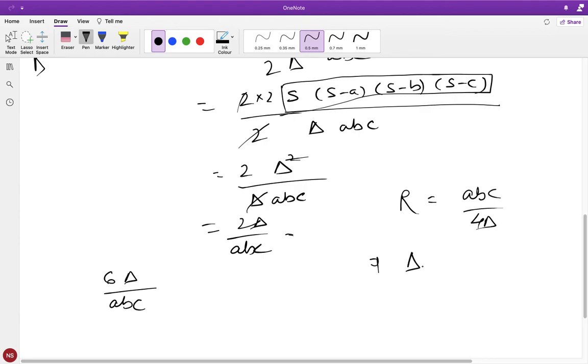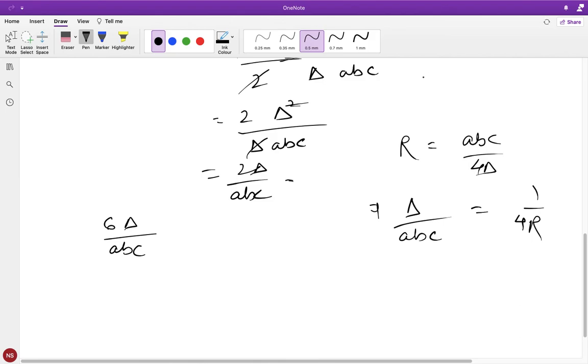This implies that delta by abc is 1 by 4R. So it's very important in this exam that you remember the formula for R1, R2, R3, R, and r in radius. Otherwise you will not be able to solve these problems. So this is 3 by 2R.